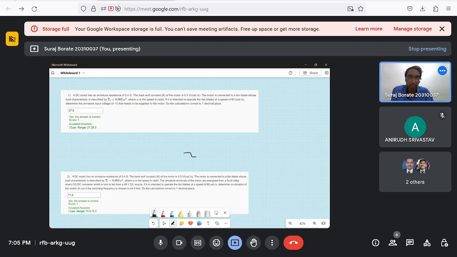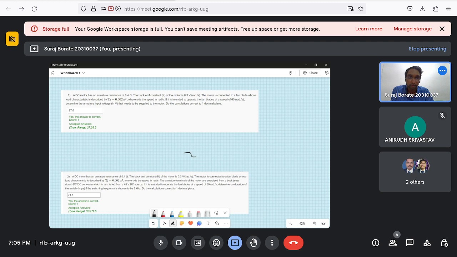So now we have all this. How do we find the input voltage? We have the current, we have the back EMF, and we know the value of resistance. So what equation do we use? We make voltage the subject of the formula and find out the value. V is equal to current of armature times resistance of armature plus back EMF.